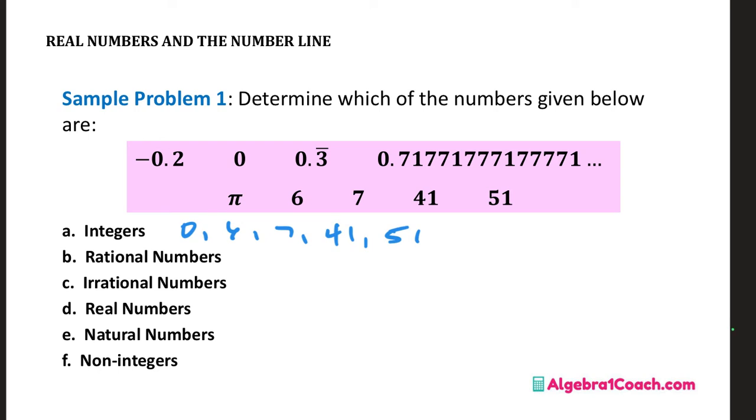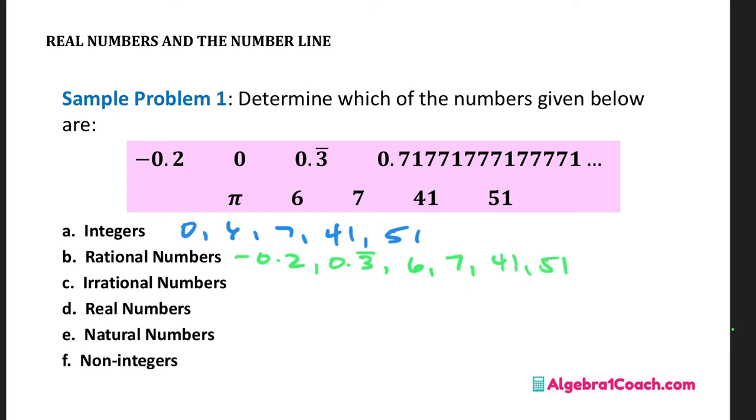When I'm looking at negative 0.2, definitely that's going to be a rational number. What about 0.3 with that repeating decimal? Definitely. When you can express something in a terminating or repeating decimal, that would be considered a rational number. Now, that next number, no. Pi, no. Definitely 6 can be expressed as a fraction, 7, 41, and 51.